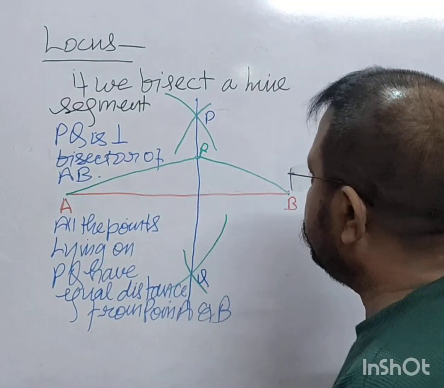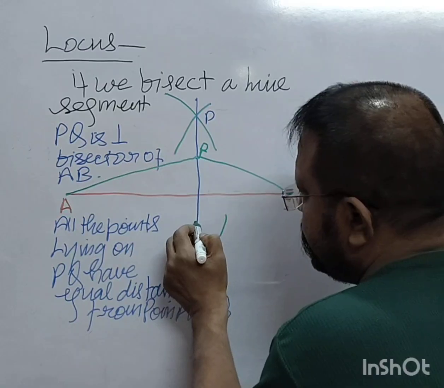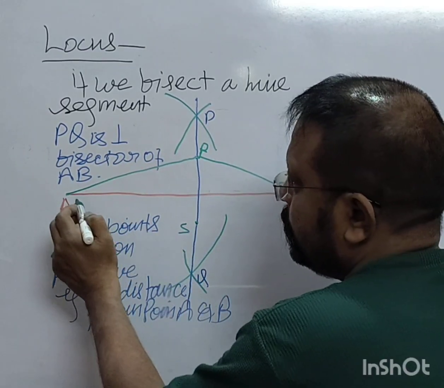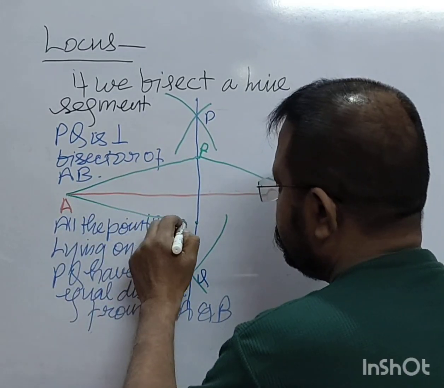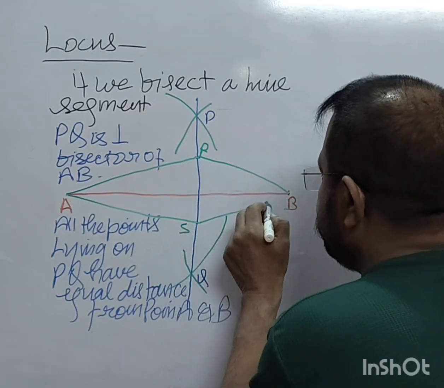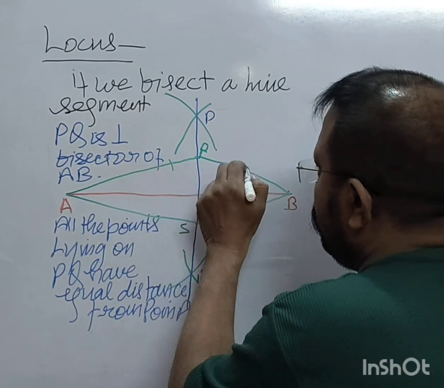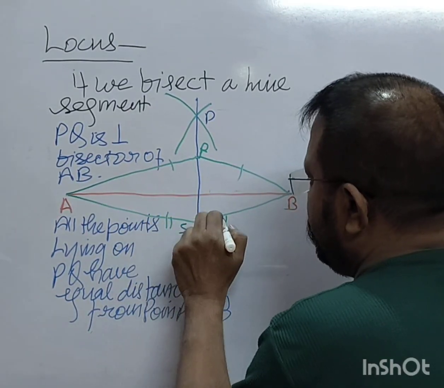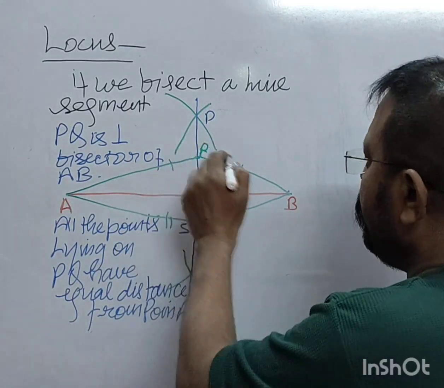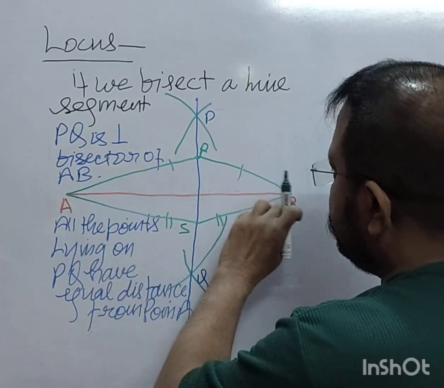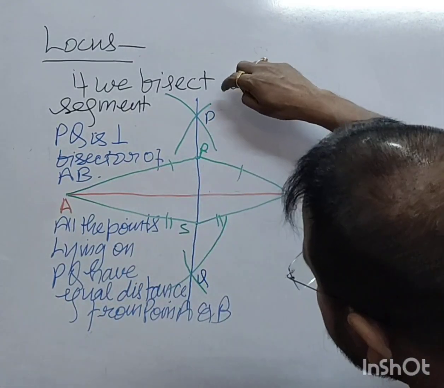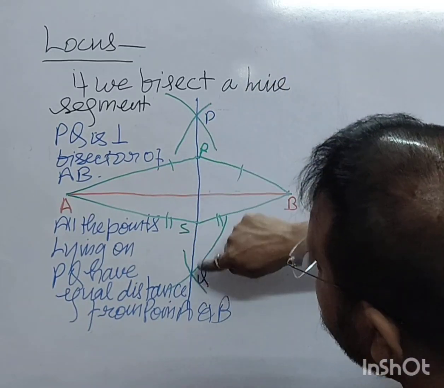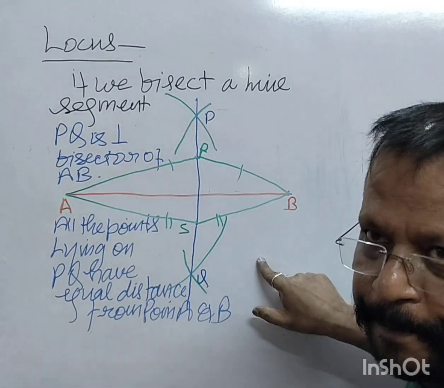If you take S, here S, so AS is equal to BS. They are equal, and any point you take, their distance from these 2 points remains the same because it is on the perpendicular bisector of AB.